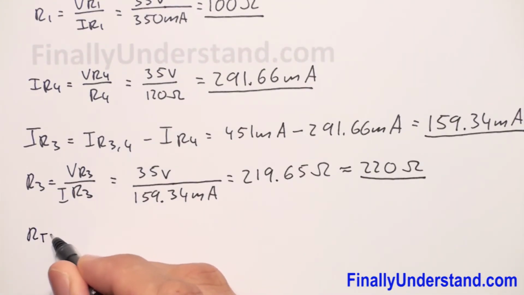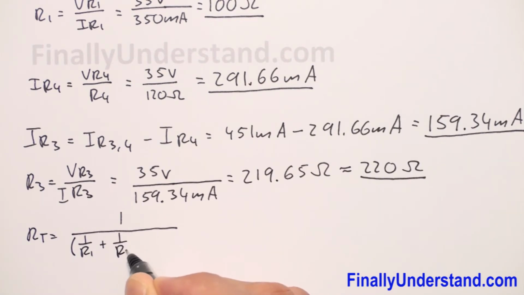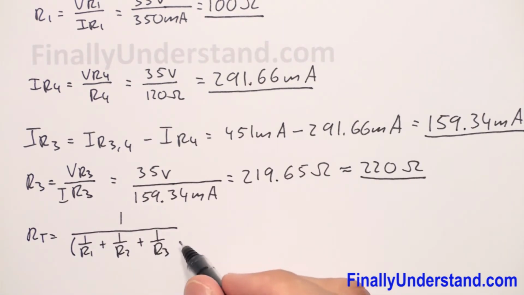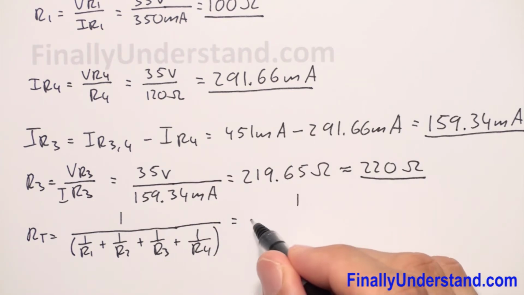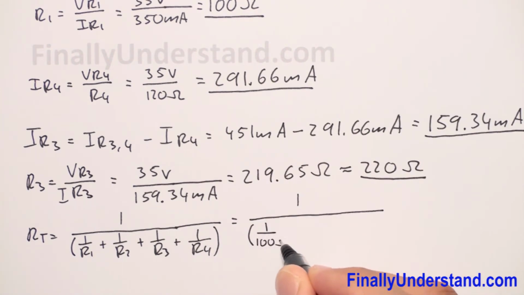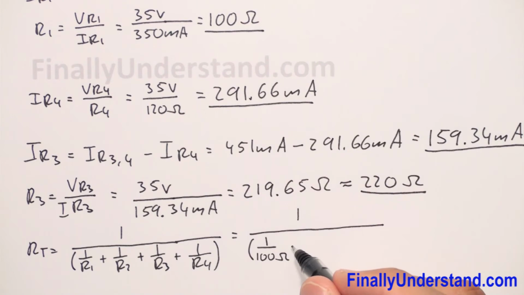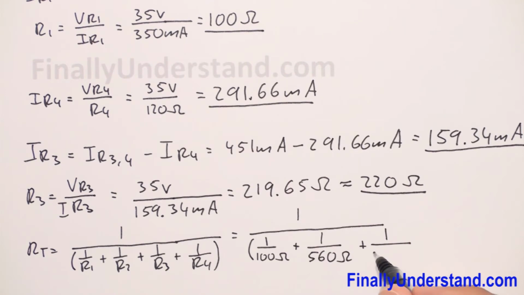R total is equal to 1 divided by open parenthesis 1 over R1 plus 1 over R2 plus 1 over R3 plus 1 over R4, and this is equal to 1 divided by open parenthesis 1 over R1, which we found is 100 ohms, plus 1 over R2, which is 560 ohms, plus 1 over R3, which is 220 ohms, plus 1 over R4, 120 ohms.